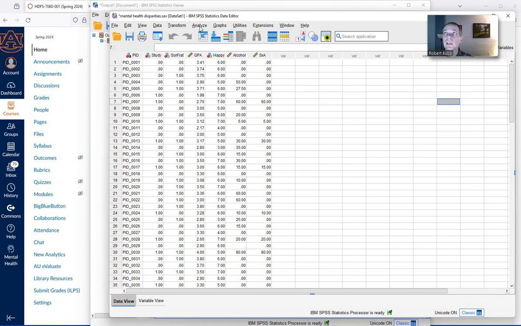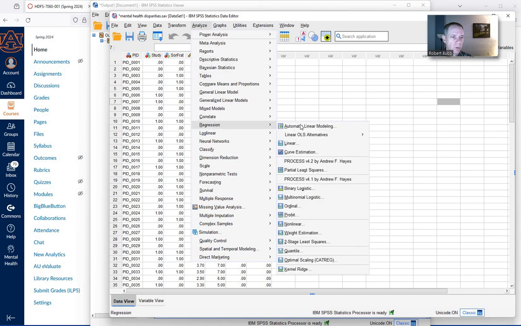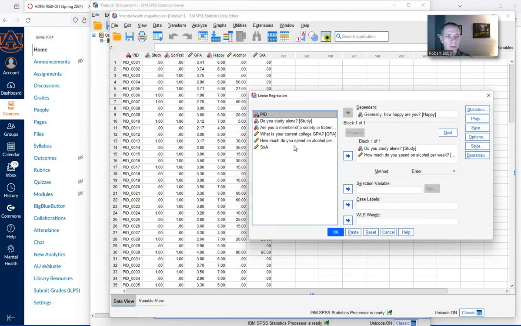Okay, so let's go ahead and do the analysis now. So we'll go to Analyze, we'll go to Regression, we'll go to Linear Regression, and it's already saving what we did before, and that's perfectly fine. In fact, I'm not going to change anything here. I still want my individual predictors in block 1. Those are my main effects. What I want to do here is I want to add my interaction term. So I'm going to go to this next button here.